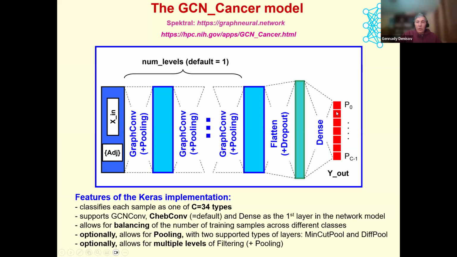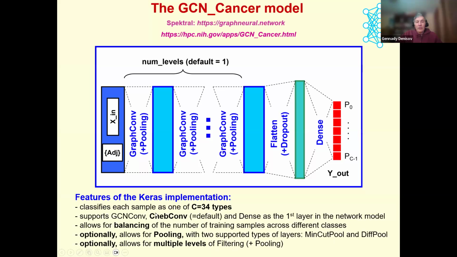The output would be a vector of probabilities corresponding to different types of outcomes, and eventually we choose the sample type with the highest probability, and that would be the final call.